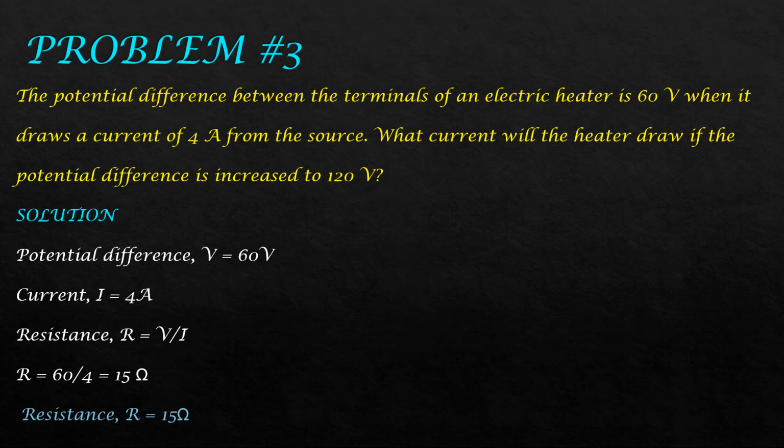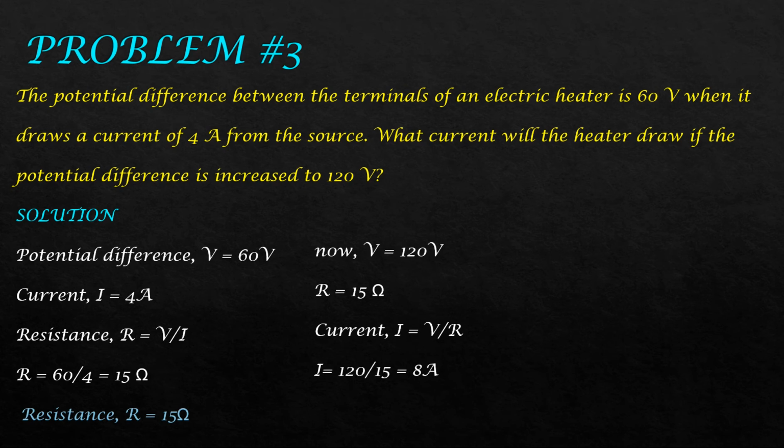So now we have to find, with the same resistance and a different potential difference, what is our current. So now we have a potential difference V as 120 volts and R to be 15 ohms. And we have to find the current, right? So current will be I is equal to V by R. So on substituting, I get current to be 8 amperes.